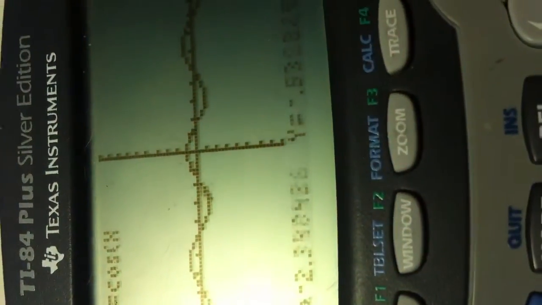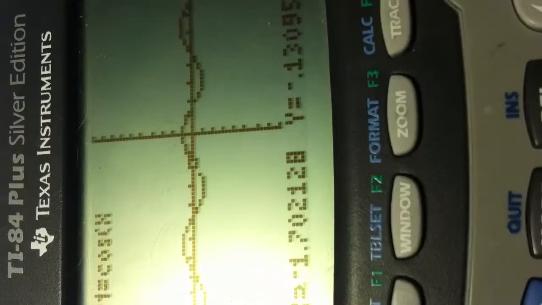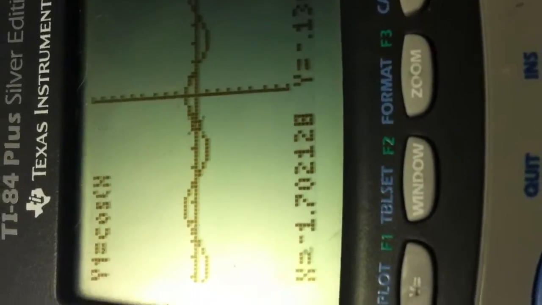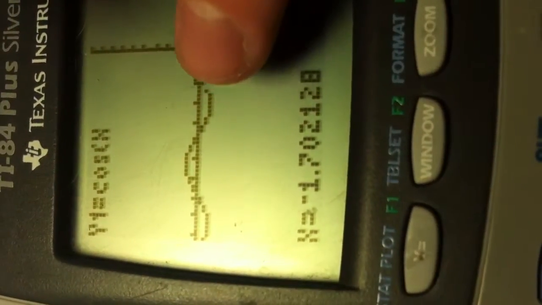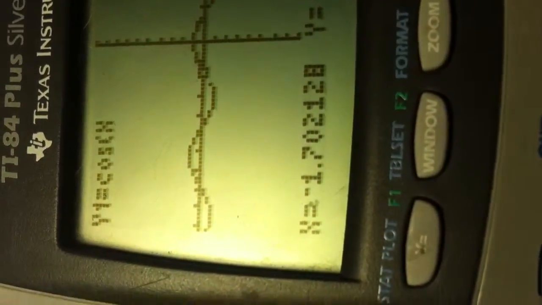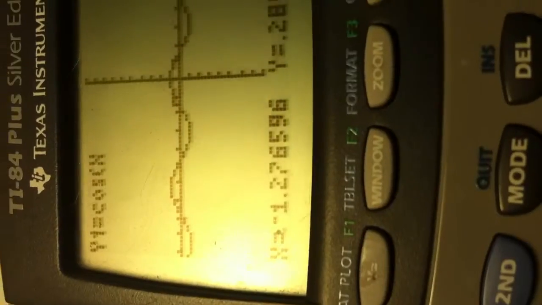At x equals negative 2, the critical value is 0. Well, it's not exact, but I'm just going to eyeball it and say it is. But before that, it lies in a negative value to switch to a positive value. So this indicates that it's an inflection point and the concavity is changing.